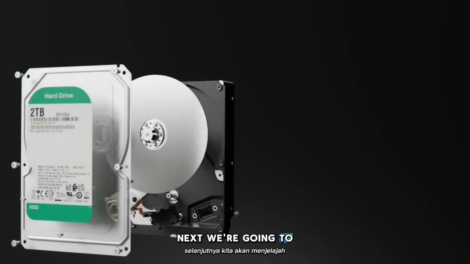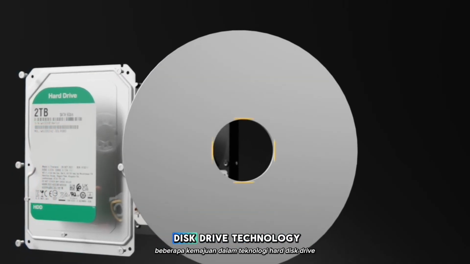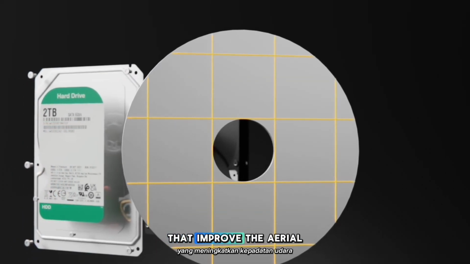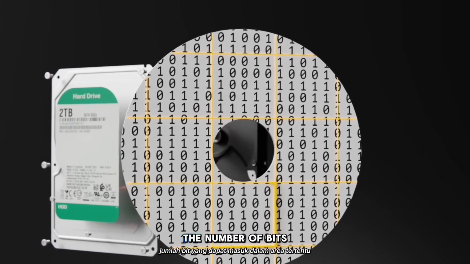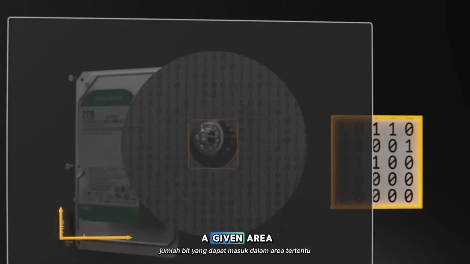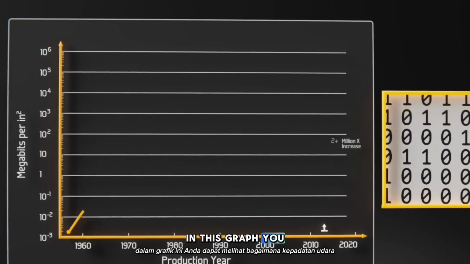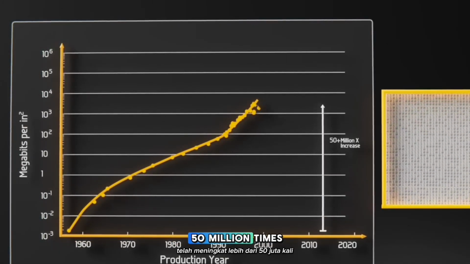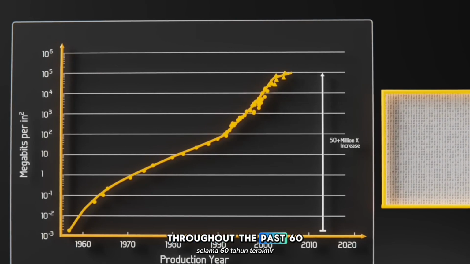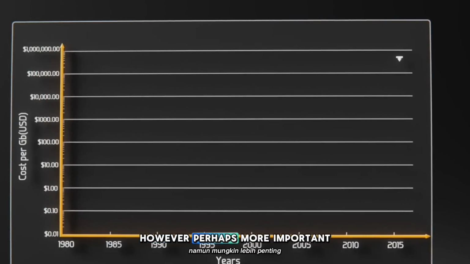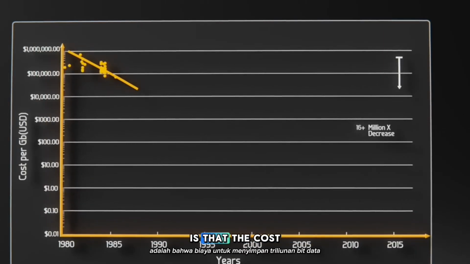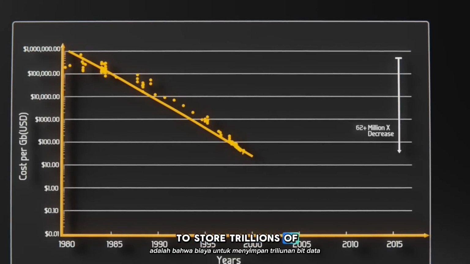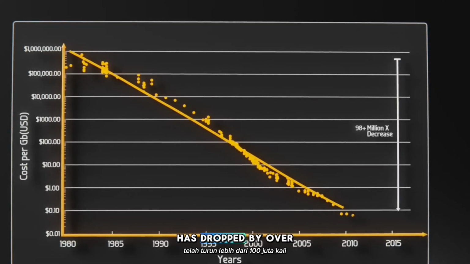Next, we're going to explore some advances in hard disk drive technology that improve the areal density, which is the number of bits that can fit within a given area. In this graph, you can see how areal density has increased by over 50 million times throughout the past 60 years. However, perhaps more important is that the cost to store trillions of bits of data has dropped.